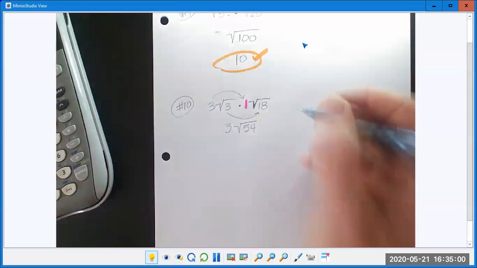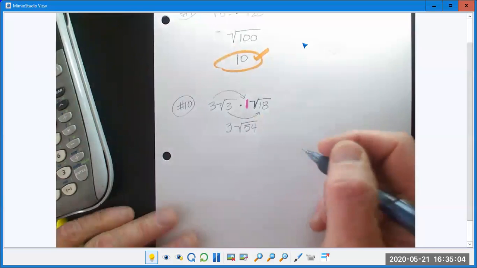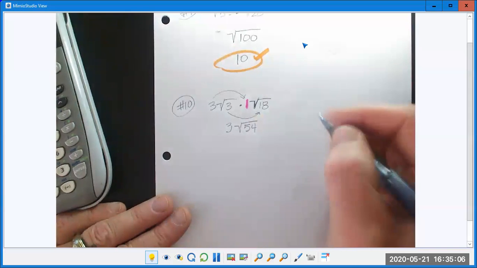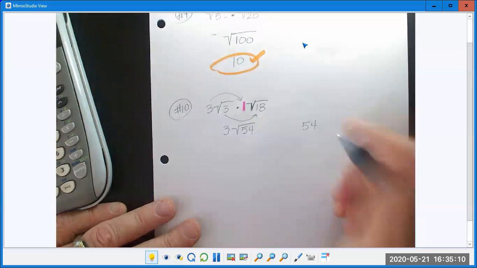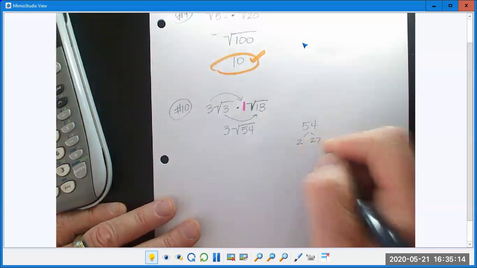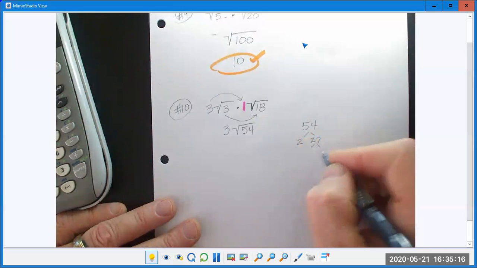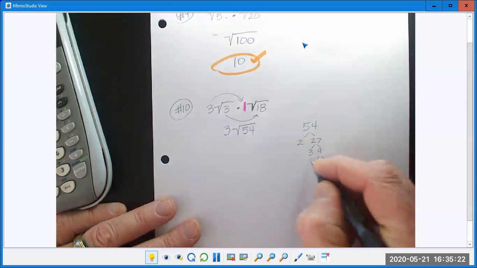Now, I always have to reduce, I always have to simplify to lowest terms. So now I'm looking at 54. I can always start with 2, and that would be 2 times 27. 27 is going to break down to 3 times 9, and then 9 breaks down to 3 times 3.